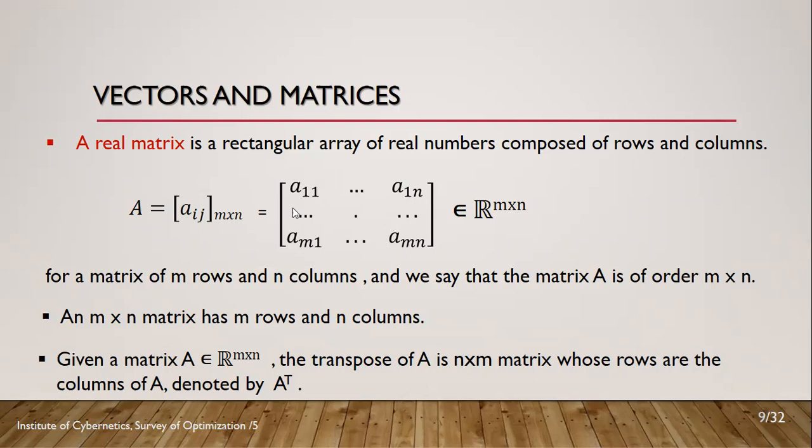In a spelled out way, we again put every value in brackets in a rectangular array, and all this belongs to the set of real numbers with dimension m times n. For a matrix of m rows and n columns, we say that the matrix A is of order m times n. Normally we use a capital letter to denote a matrix.